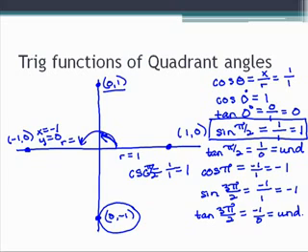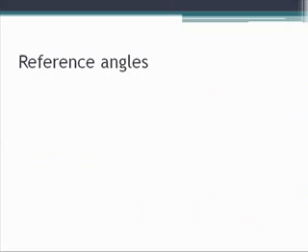Okay, and the last thing I want to look at, see this is getting longer than I wanted it to, is reference angles. And a reference angle is an angle in standard position.